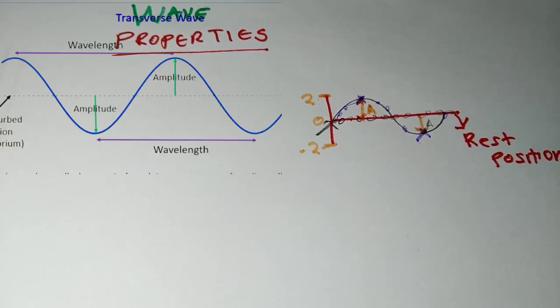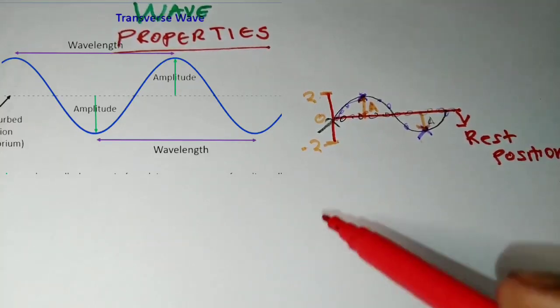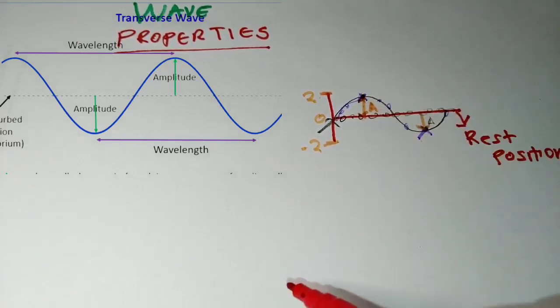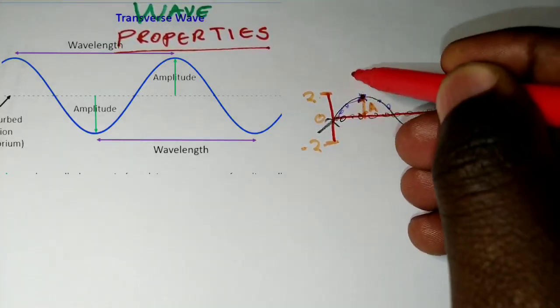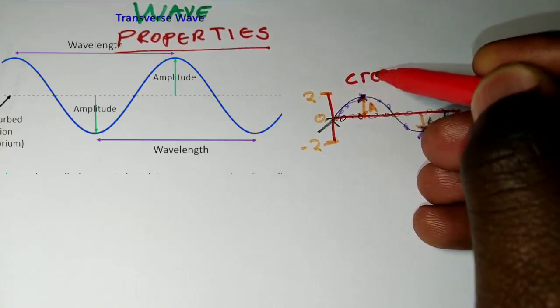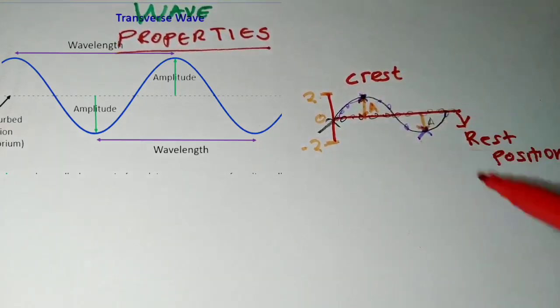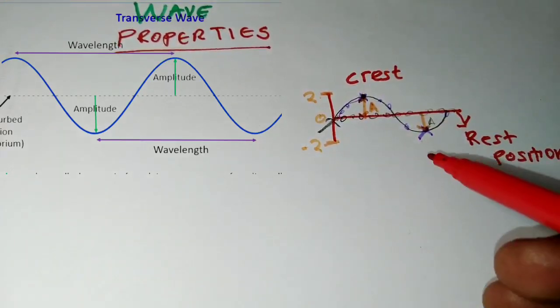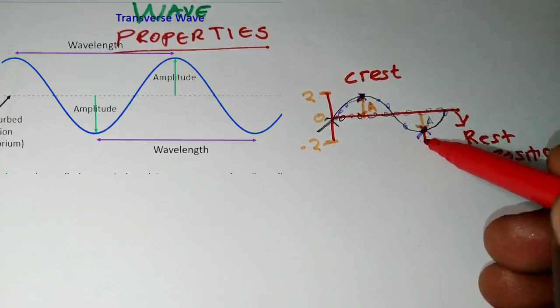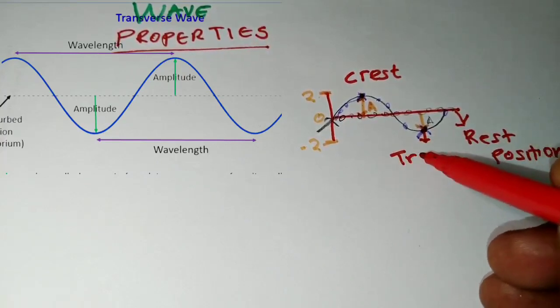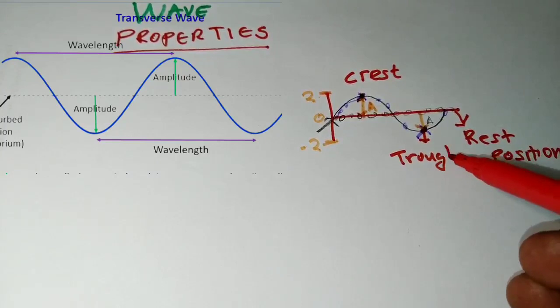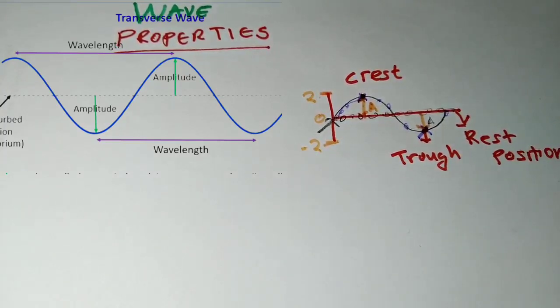What we should know first of all is that this highest point here, this hill, is called a crest. Then the downhill here, we call these troughs.